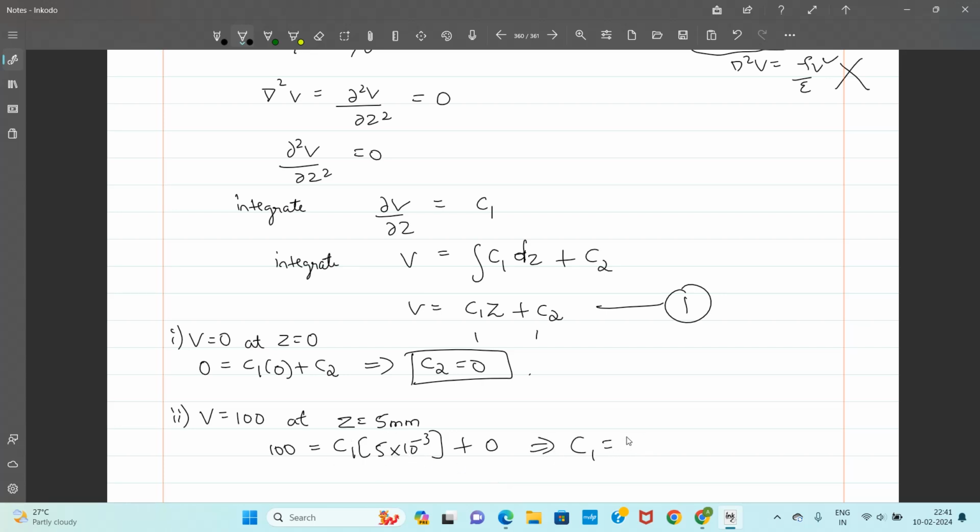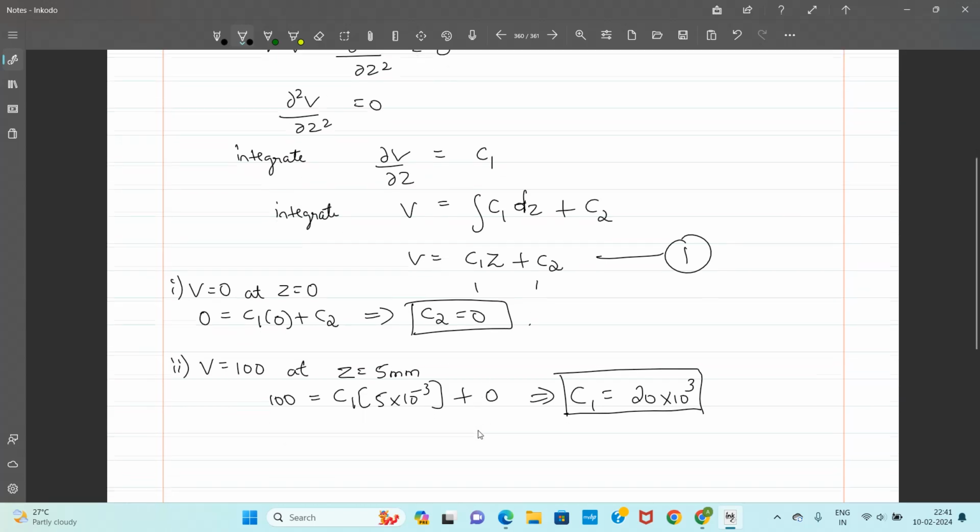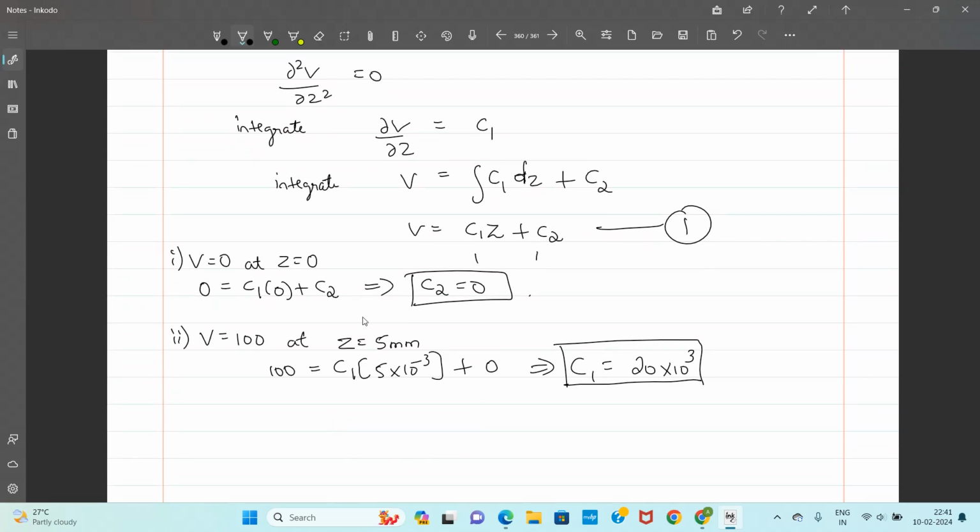If you simplify this, you will get to know that your C1 value is equal to 100 divided by 5 into 10 power minus 3. So it becomes 20 into 10 power 3. This is what you're going to get for C1. So I found out C1 and C2. I'll put it back in the first equation.